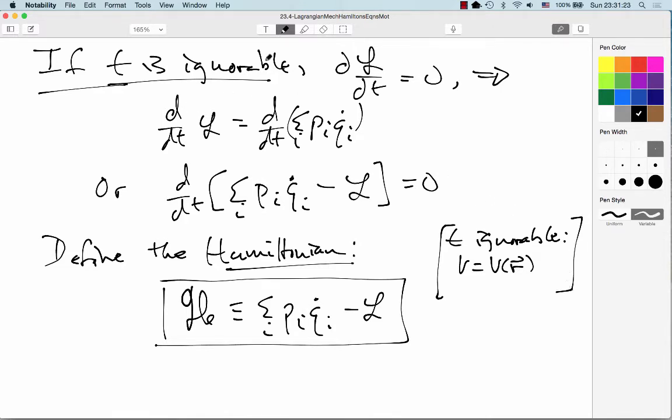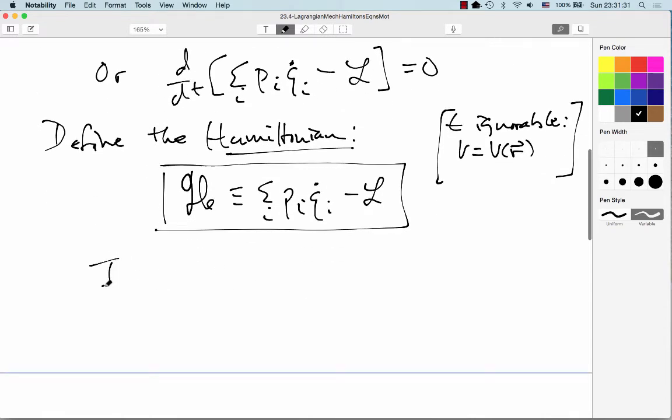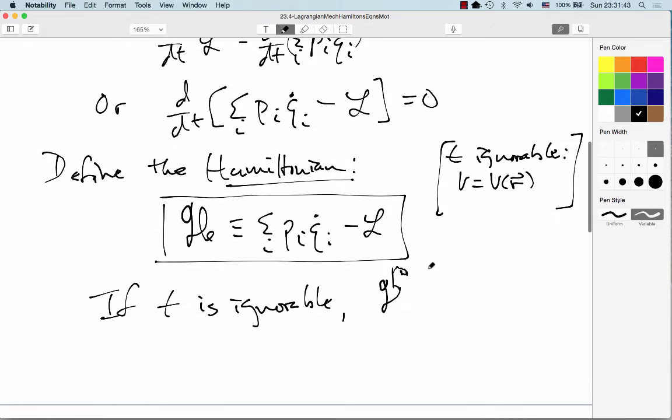So this narrow exception is a narrow exception big enough to drive a truck through physics-wise. So if t is ignorable, the Hamiltonian is conserved.